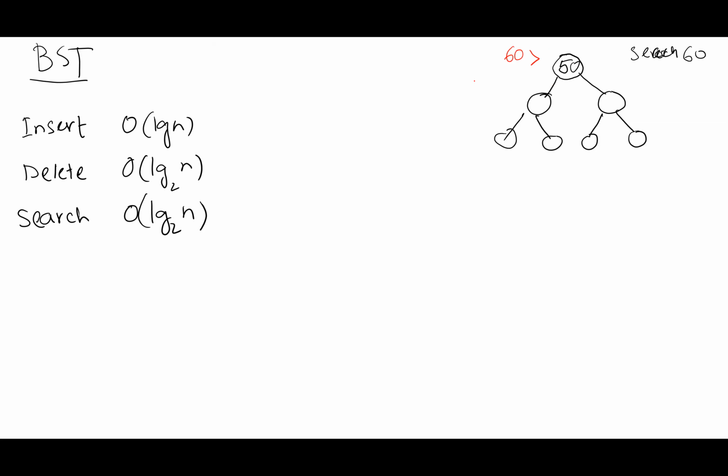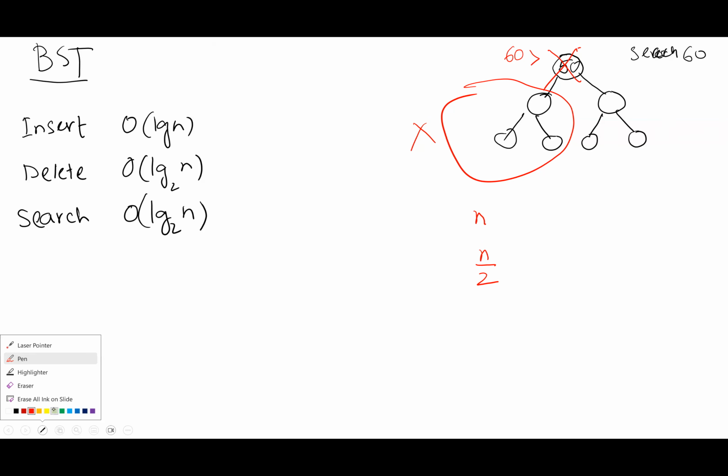So we can immediately say that I can just remove this portion, I don't need it anymore. Initially your search space was n. In the next step, your search space becomes n over 2. Next time, I just have this portion left for my search space.